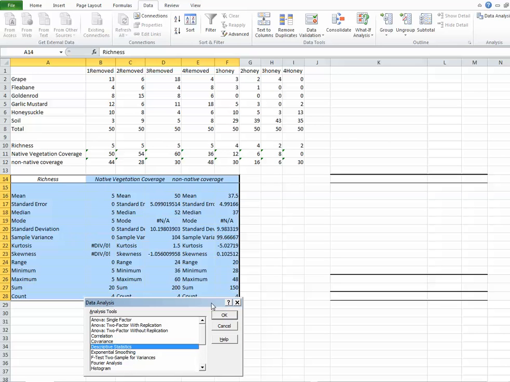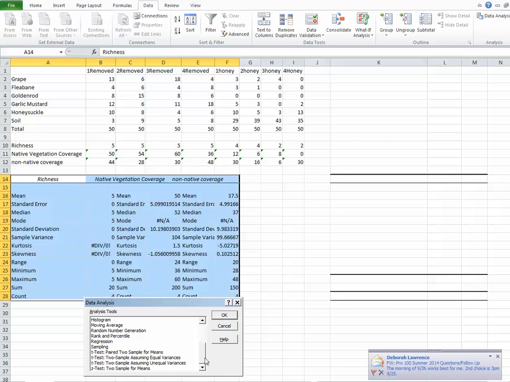And that's what this computer program will do. We're going to use something called a t-test. I think I'll use the two sample t-test assuming unequal variances. That's sort of the most conservative one that we could use, and it'll probably work for us.